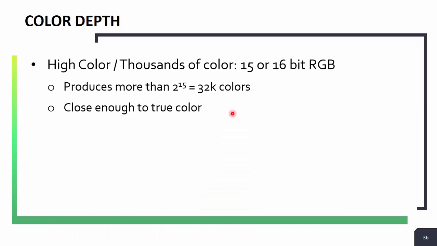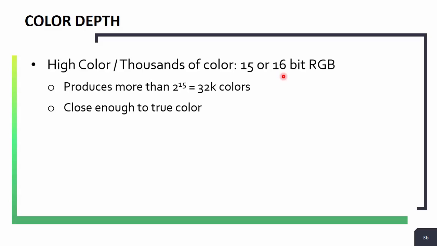So just now was only 1 bit per pixel or 2 bits per pixel. For a colored image, we can have many bits per pixel. For example, we have a concept of what we call high color or thousands of colors. Let's say in the RGB color model, we have a total of 15 bits: 5 bits for red, 5 bits for green, 5 bits for blue.